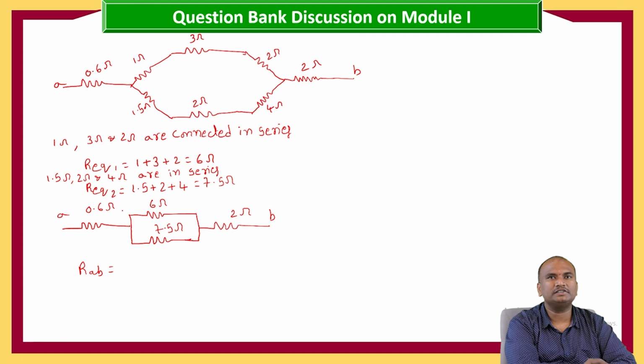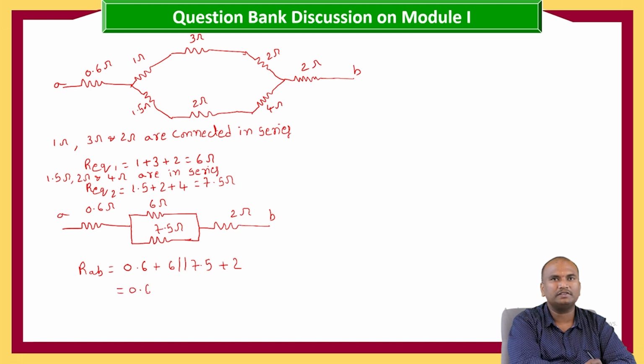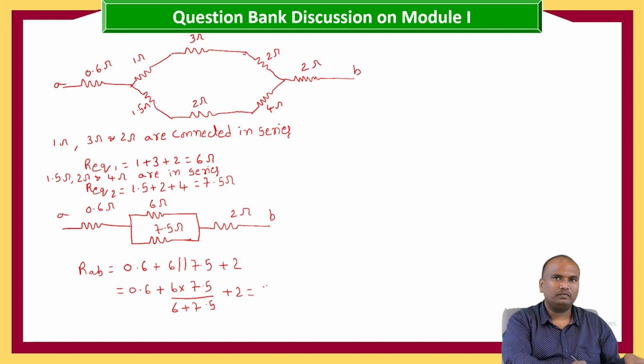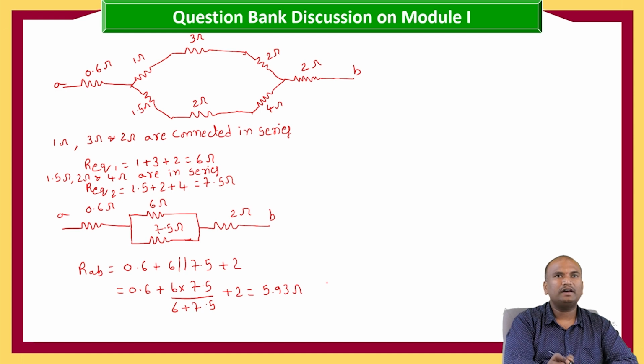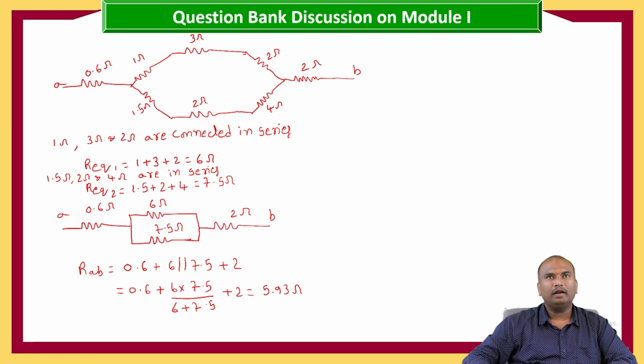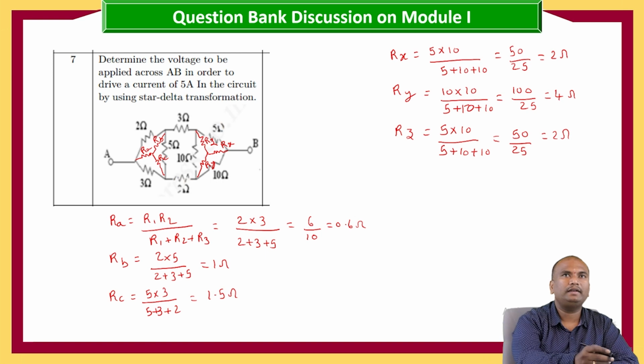That combination is in series with 0.6 and 2 ohms. So I'm directly writing 0.6 plus 6 into 7.5 by 6 plus 7.5 plus 2, which is equal to 5.93 ohms. This is the RAB we got.